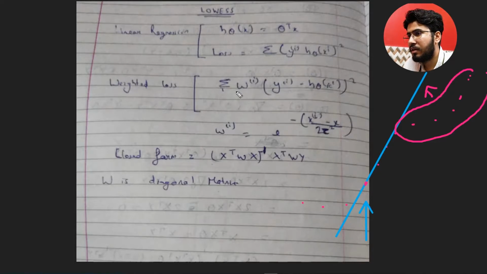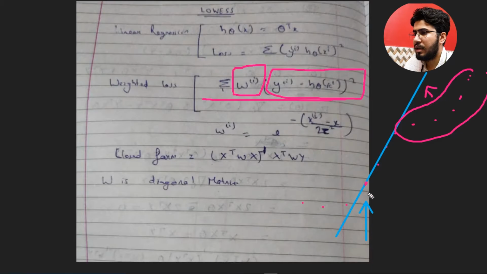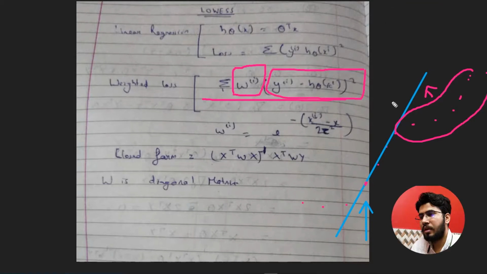As you can see here, we have our loss function, called the weighted loss, and we have our normal loss function like here, and we are going to multiply it with this value. Let's suppose you are finding the error, because if you know gradient descent, you have to find the derivative of this error and, on the basis of this error, update your theta value.